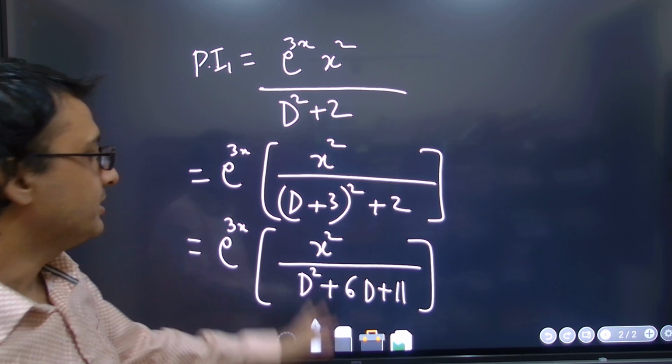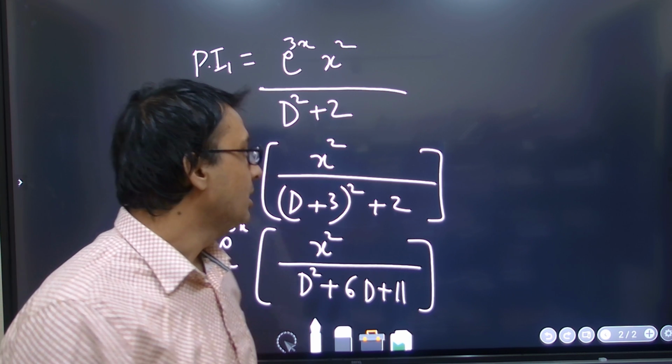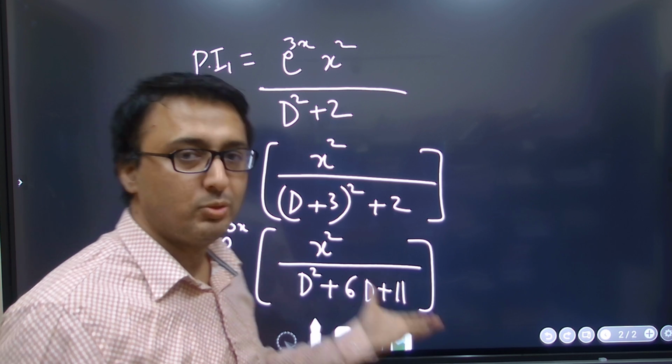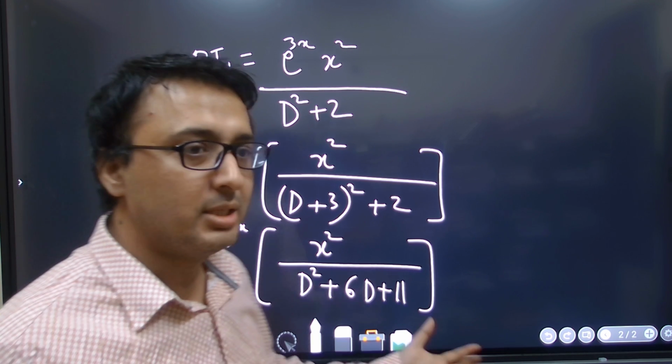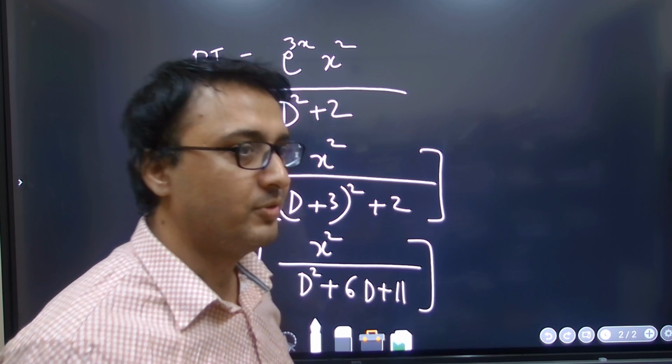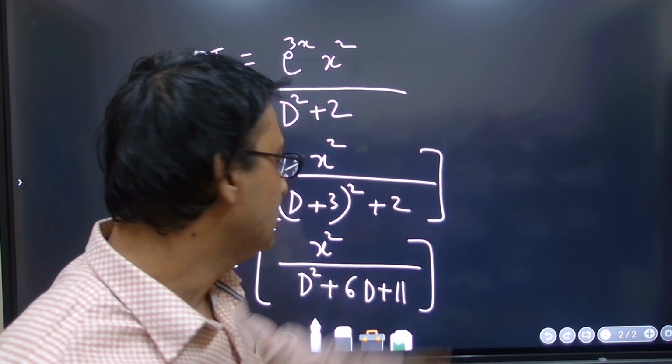So there are two ways to go about this. One would be using the binomial theorem. Another would be used for answer verification, which I will tell you in a while.